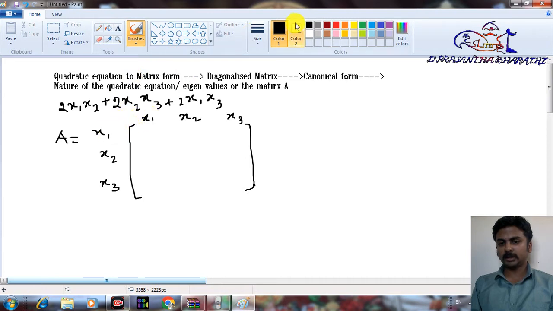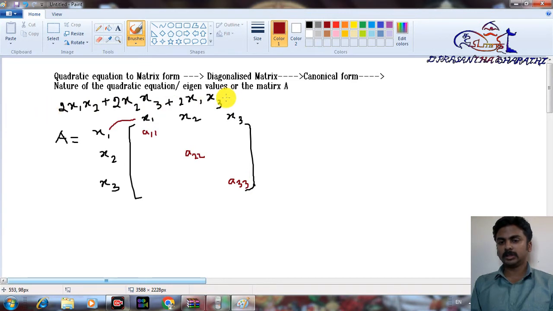When x1 and x1 appear in an element, it is called x1 square. If x1 and x2 appear, it is called x1x2. When x1 and x3 appear, it is called x1x3. So x1 square is always a11, then a22 and a33 will be the square elements.